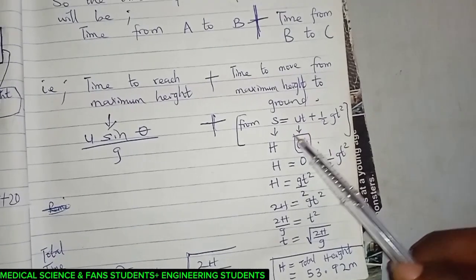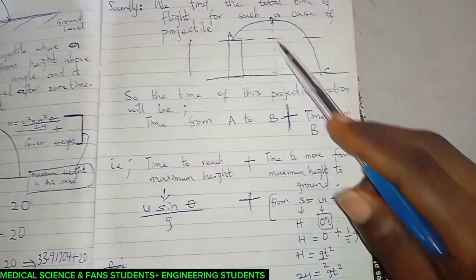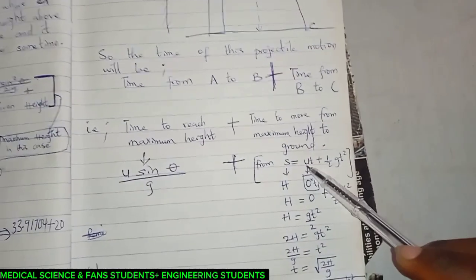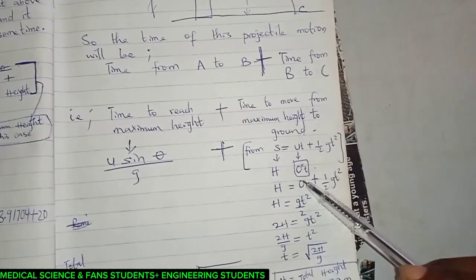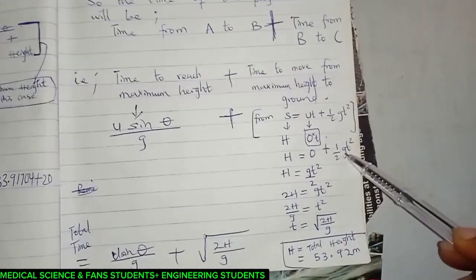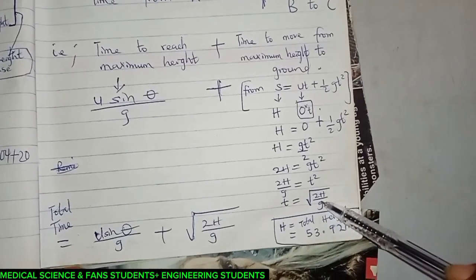By using this, because we remember that when something is coming down, the initial velocity becomes 0. So u times t is going to be 0, plus the displacement changes to h when it's talking about height. So when you do this well, you get t equals root 2h over g.